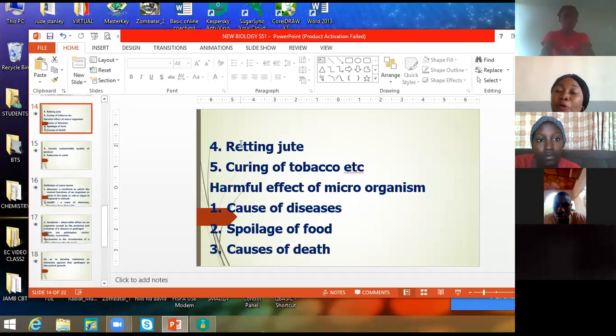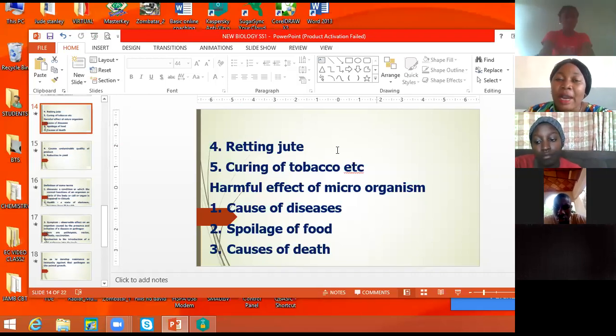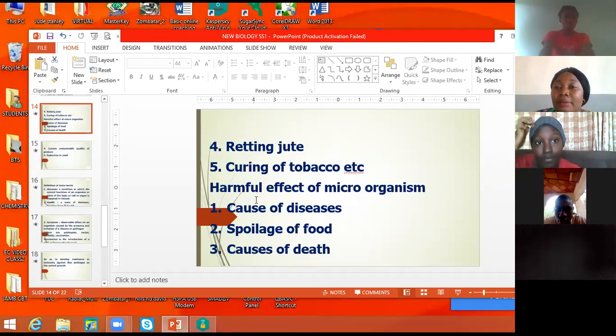It's used to make fiber. You will see most of the terms in your textbook. Retted jute is used to make fiber. Curing of tobacco too is to get tobacco for people that use tobacco. Is that okay? Yes, ma'am. Okay, what else?